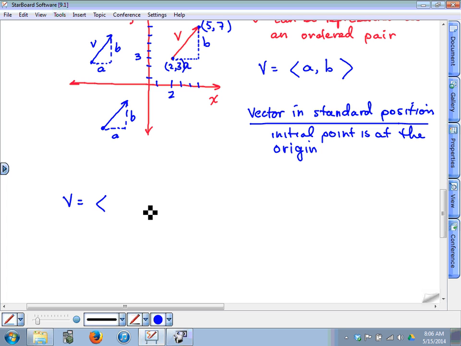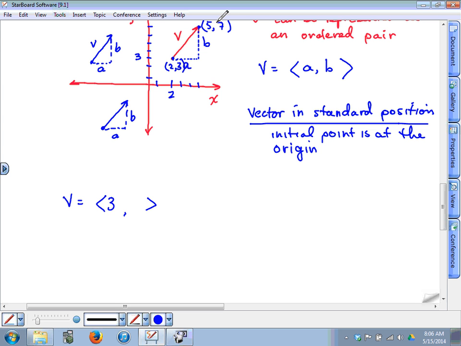So v is going to equal, if vector v was dragged down here, if we took 2 away from 5, then that's going to be 3. Wouldn't that be the horizontal component? And instead of 7, we've got a minus 3 from that because we have to drag this whole vector down 3 units.